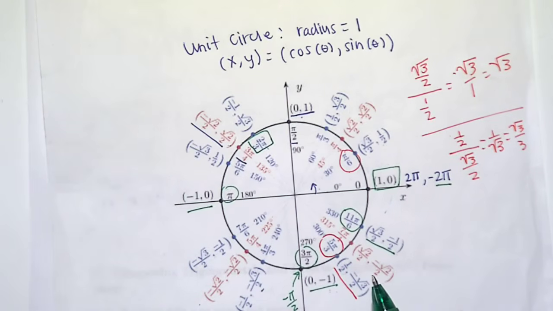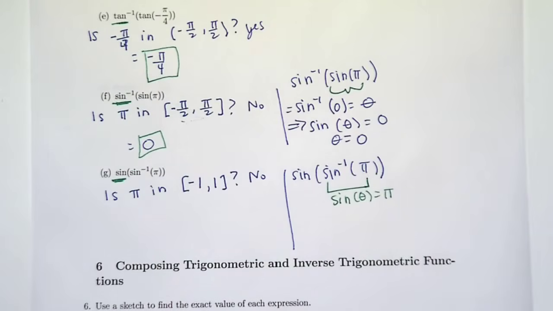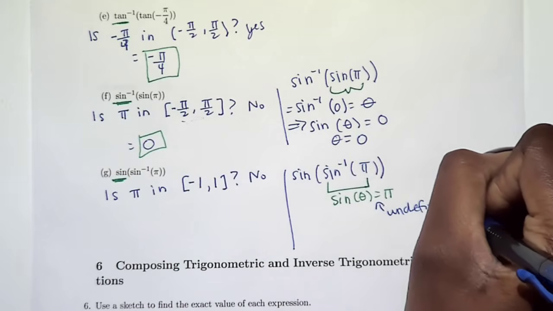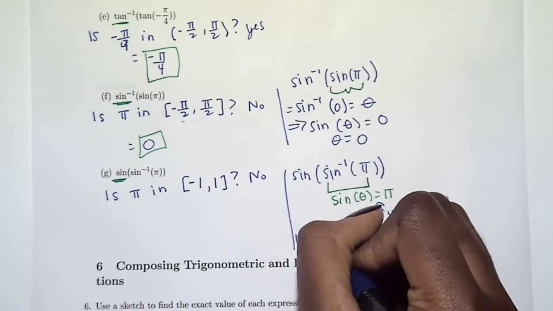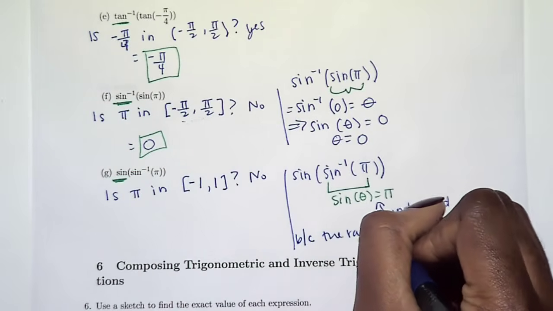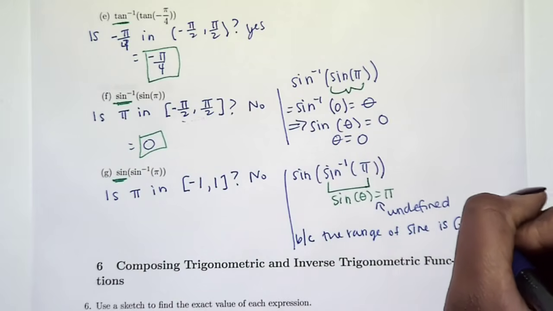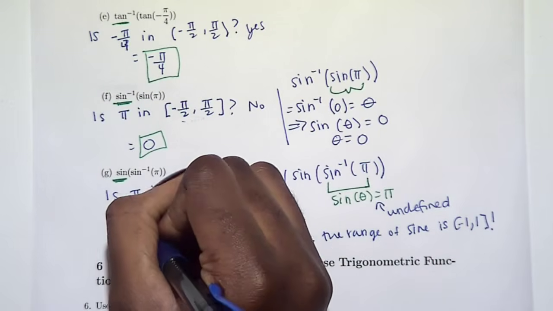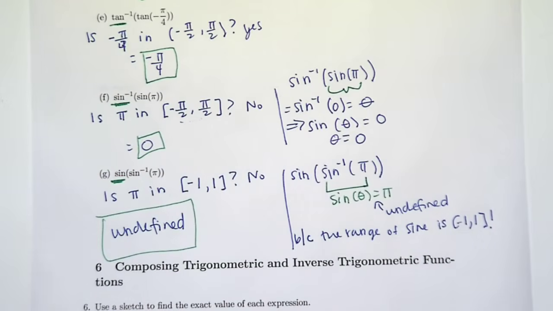Sine is only between negative 1 and positive 1. This will never happen. This is actually undefined. It's never going to be the case where sine theta equals pi, and it's because the range of sine is from negative 1 to positive 1. So here we have our problem is undefined.